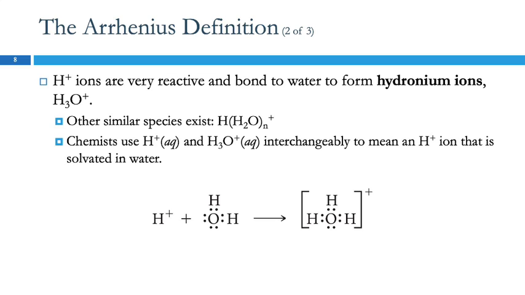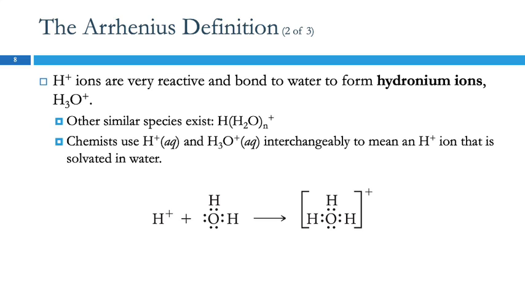And so this hydrogen ion can bond with the oxygen. This forms a coordinate covalent bond where the oxygen is supplying both of the electrons for the bond, and it makes this substance called hydronium ion.